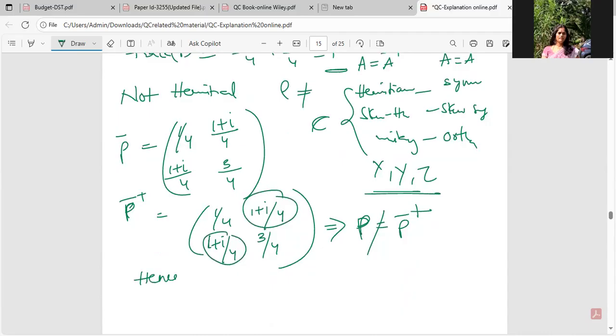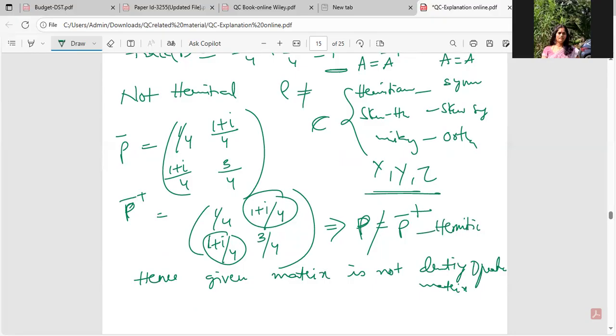Hence, the given matrix is not a density operator matrix. Why? Because it is not satisfying the property of Hermitian. Mind you, all operators are Hermitian.